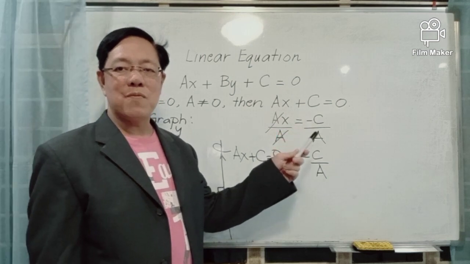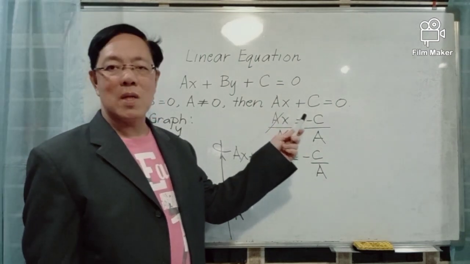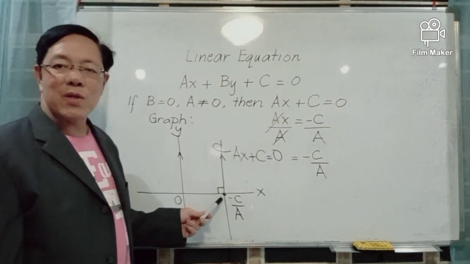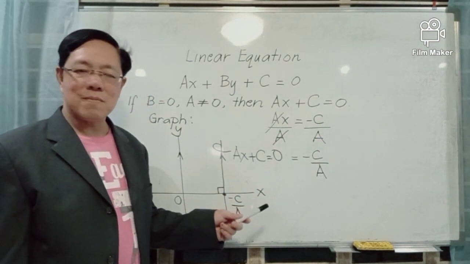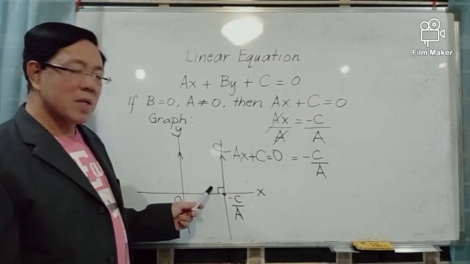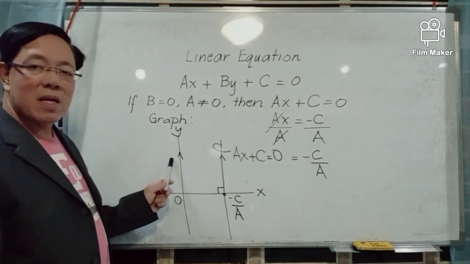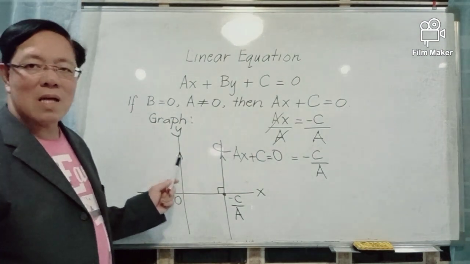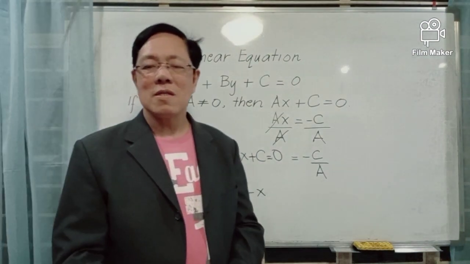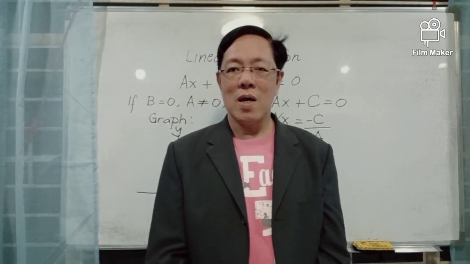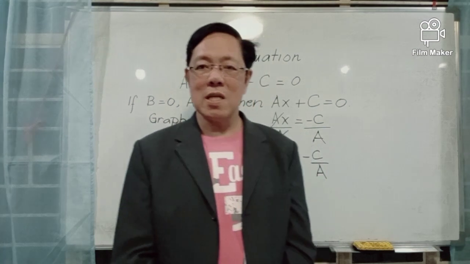If you solve this linear equation for x, that value of x is that point on the horizontal axis. And the vertical line is perpendicular with the x-axis, and parallel with the y-axis.